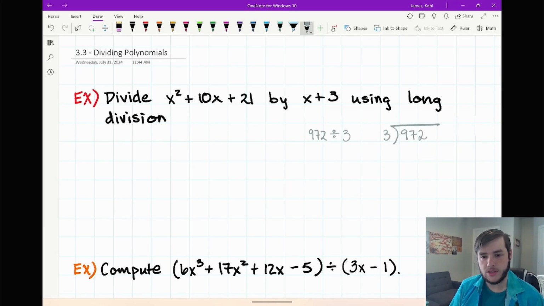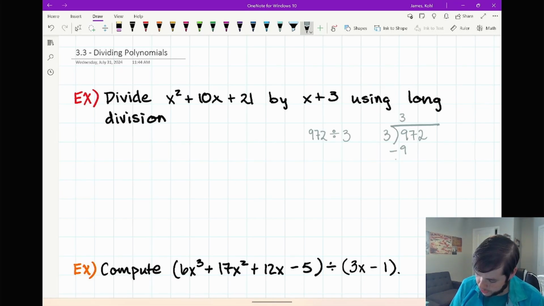Now I'm going to look at my divisor and see how many copies of this fit into the leading term, 900, or 9. I would say 3 copies fit into that because 3 times 3 is 9, and that's as close as I can get without going over.